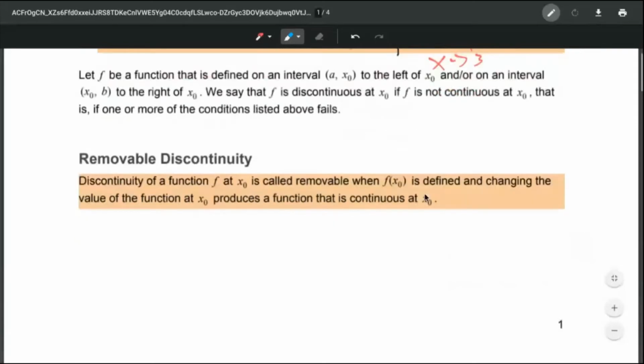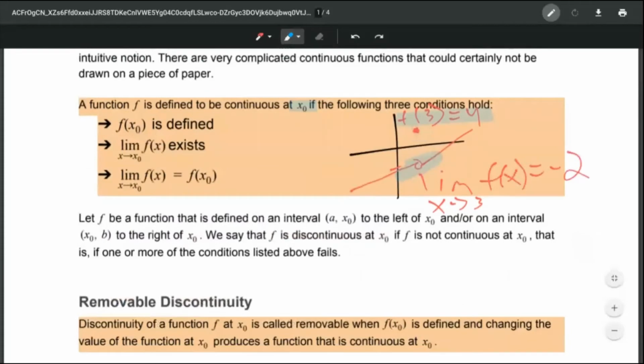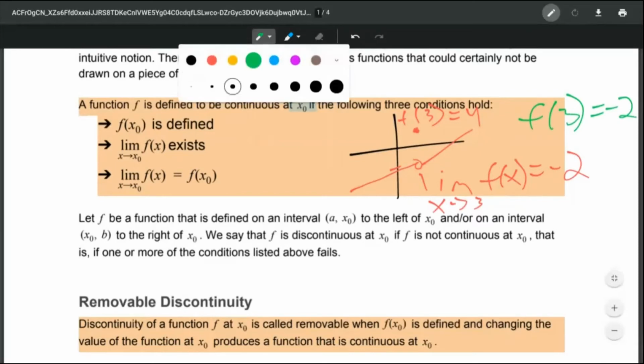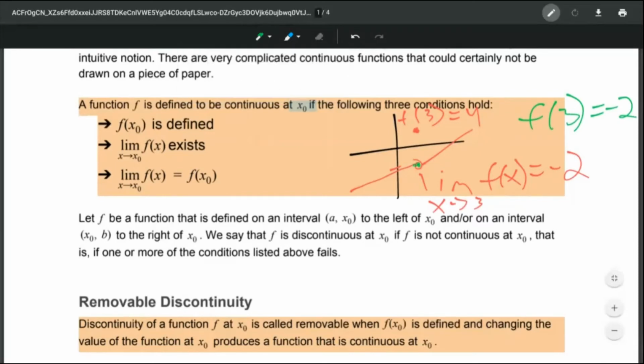So that example we were just looking at, if we change the definition, if we make a piecewise defined function such that f of 3 is equal to negative 2, then that would put this value here now. So if we change that one value, now it would be a continuous function. That's a removable discontinuity. We can remove it by just changing the definition at one value.